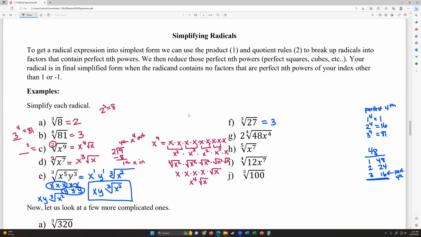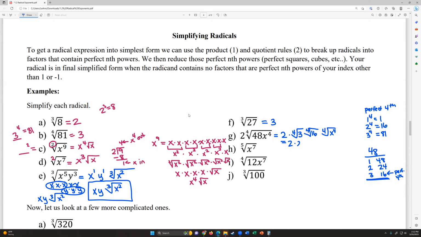So we're going to break 48 into the factors of 3 and 16. So I'm going to write this as 2 times the fourth root of 3 times the fourth root of 16. Notice that would multiply back to 48. And then a fourth root of x to the fourth. So the 2 is just going to come down. It's part of the answer still. Fourth root of 16, I'm going to go ahead and work that one out.